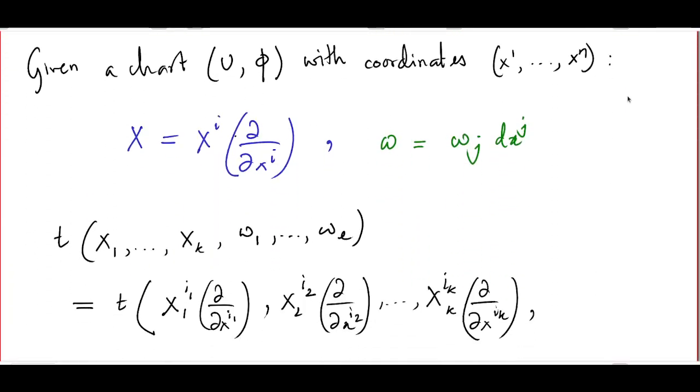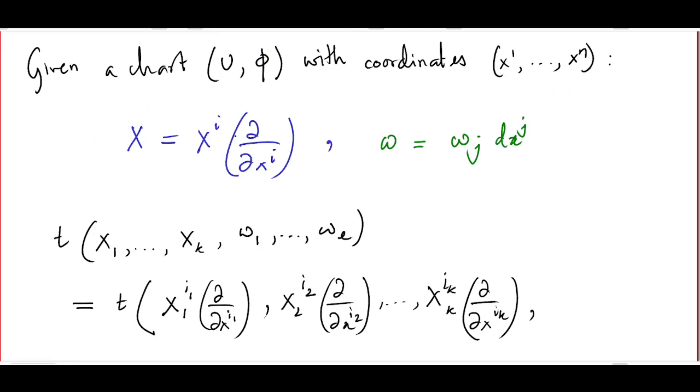Now, in such a situation, you have to start with a chart (U, phi), which has coordinate functions x^1 through x^n. And we know that every vector field can be expanded in terms of del/del x^i, the coordinate basis vector fields, in the form X^i del/del x^i. And every one-form omega can be written in the form omega_j dx^j.